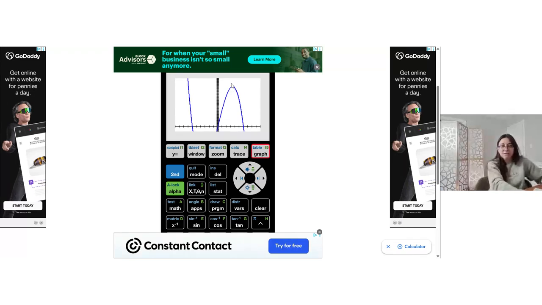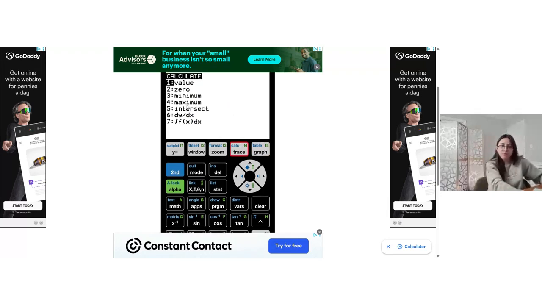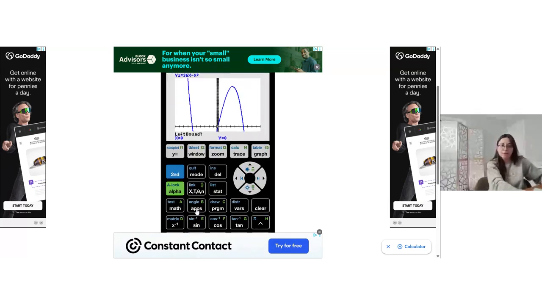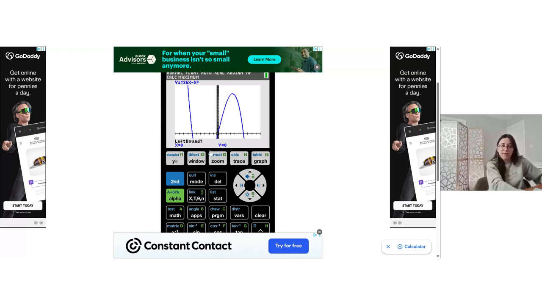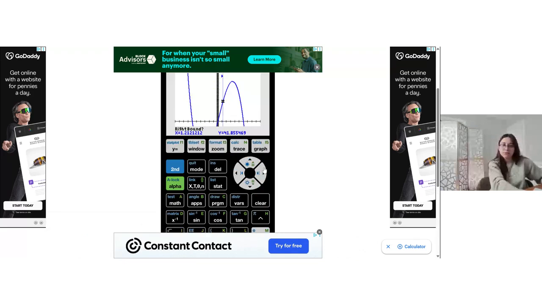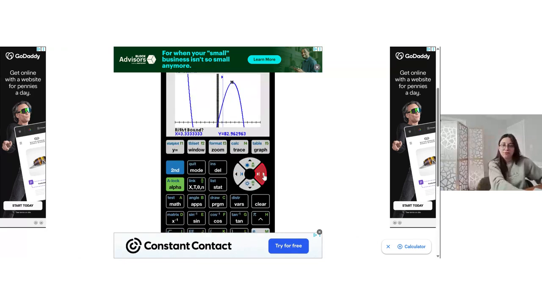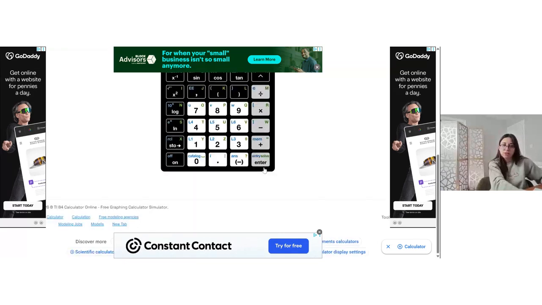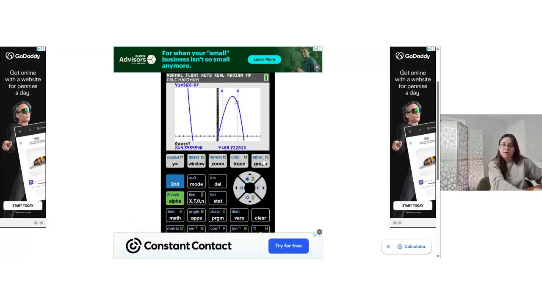So now to find the x value for my maximum, where area is the greatest, I'm going to hit second and calc. Number 4 is maximum. And then again, I follow the prompts. I choose my left bound. I choose my right bound. I choose a guess, somewhere between those.